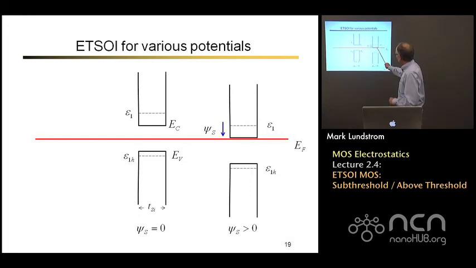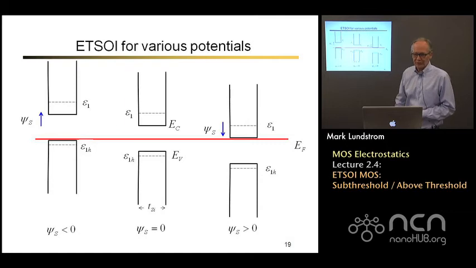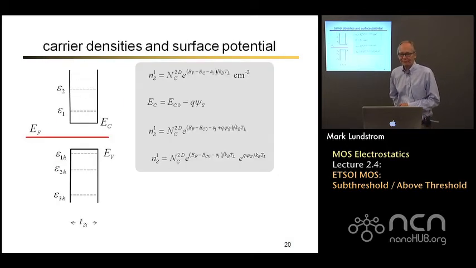That'll lower the bands down and put more electrons in the first subband of the conduction band. If I apply a negative gate voltage, that'll make the surface potential negative. That'll pull the bands up, move the Fermi level near the valence band, and I'll start to accumulate holes in the valence band. So that's what my energy band diagrams look like.